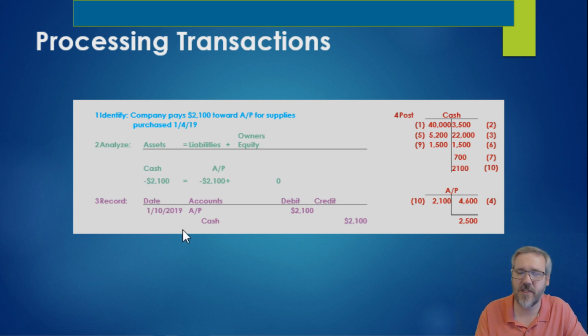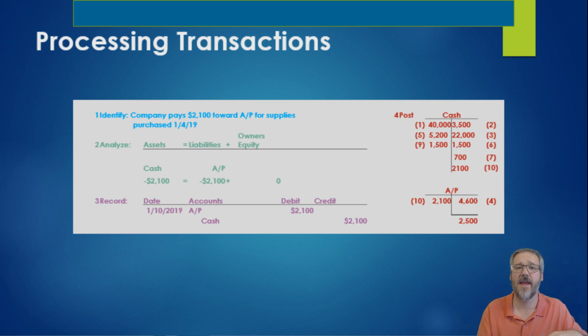When I actually journalize this transaction, I'm going to recognize that accounts payable, being a liability, gets debited the $2,100 to make it go down. What's happening here is I owed this company $4,600. Again, my liability accounts payable, credit side. On the 10th, now, when I'm paying this company their $2,100, I am going to debit their accounts payable.